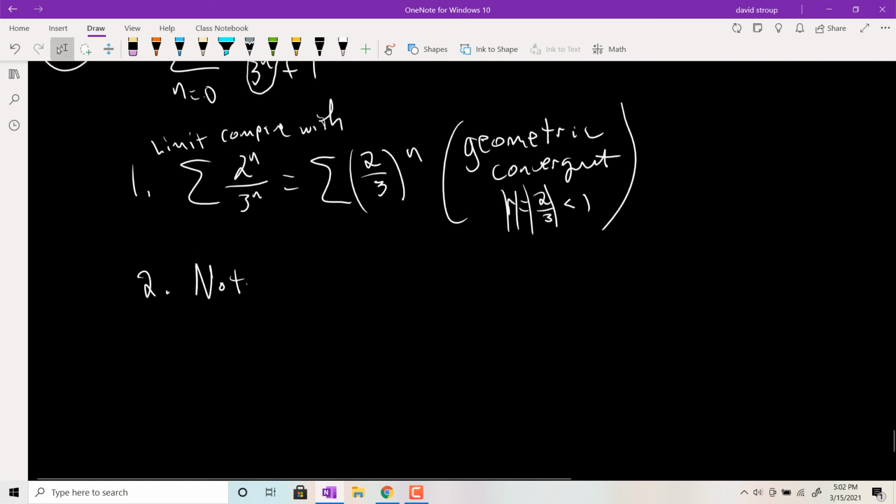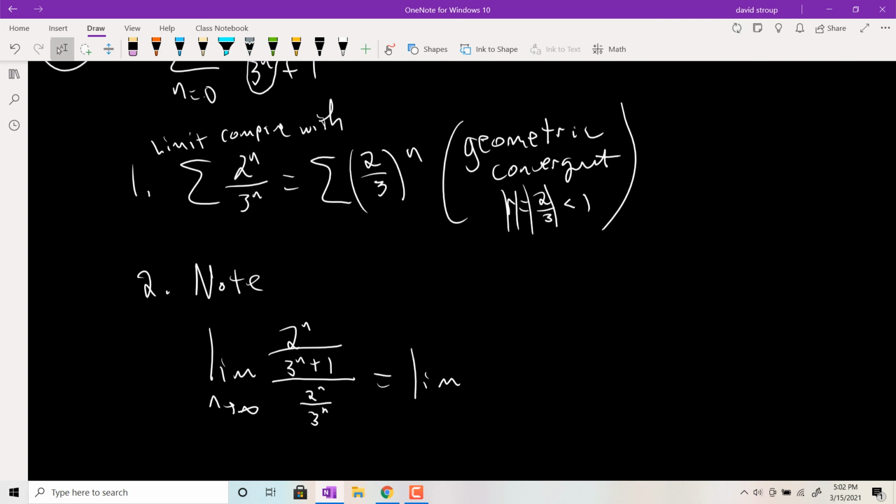So note the limit as n goes to infinity of 2 to the n all over 3 to the n plus 1, all over 2 to the n all over 3 to the n, which will equal the limit of 2 to the n all over 3 to the n plus 1 times 3 to the n all over 2 to the n.